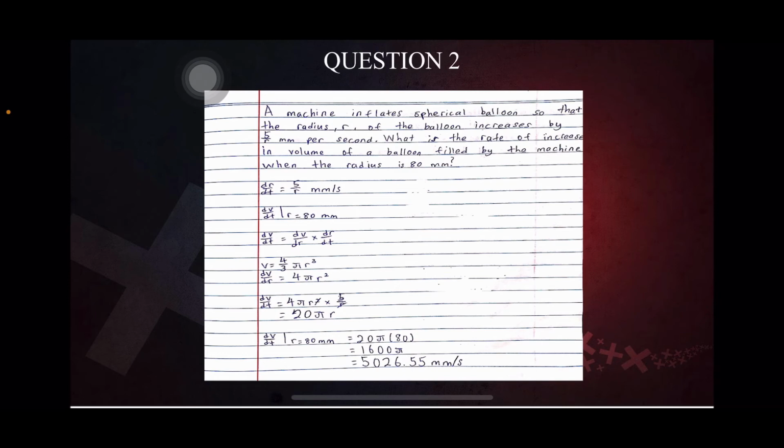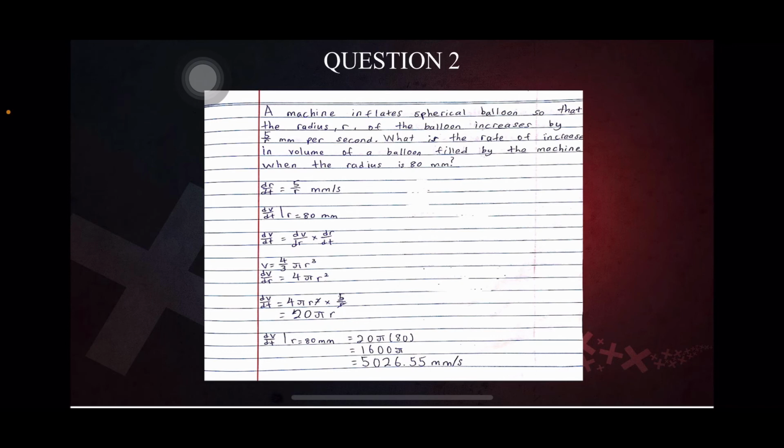So basically it's just dV/dr multiplied by dr/dt to get dV/dt. The volume of a sphere is 4 over 3 pi r cubed. Then we differentiate the volume of the sphere to get dV/dr, which equals 4 pi r squared.